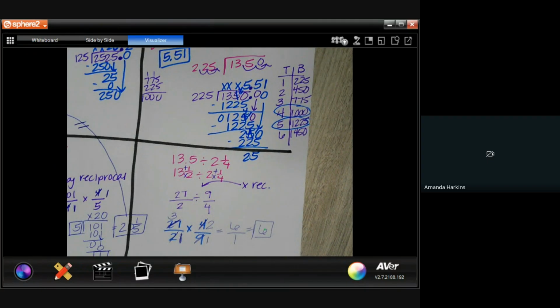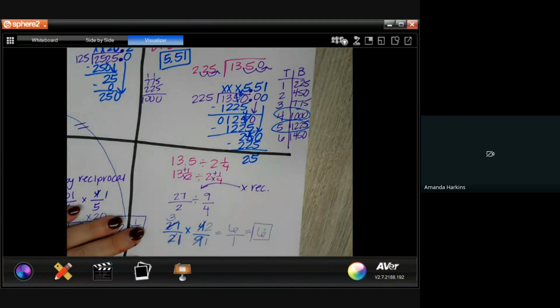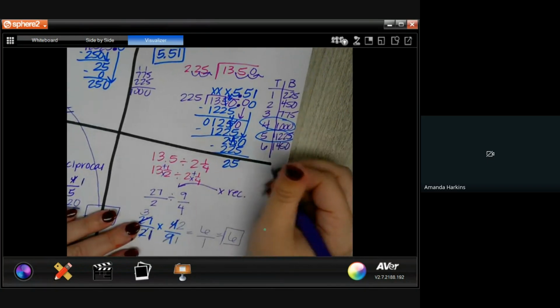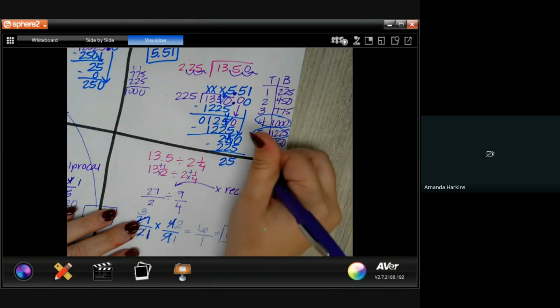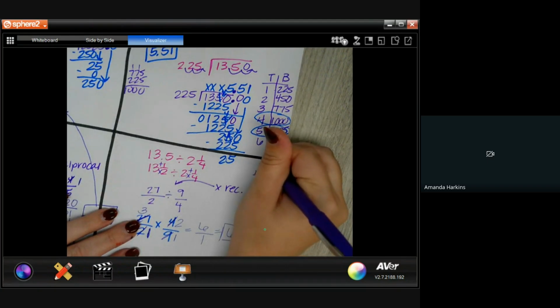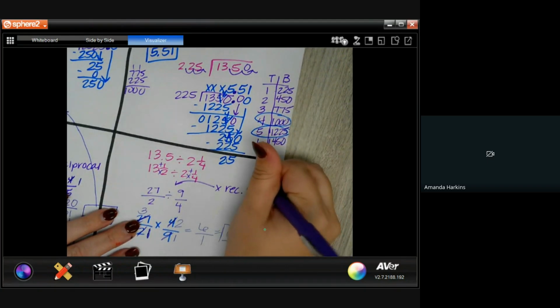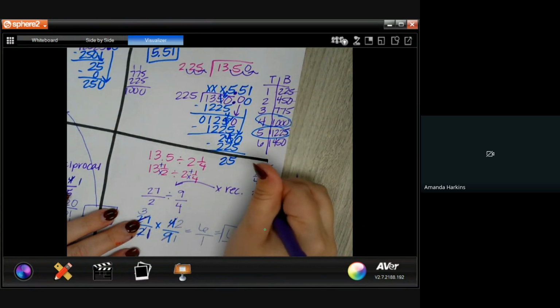Let me see if my top and bottom chart is correct. 225 times 2, that's 450, that was correct. So 225 times 3, that's 675.